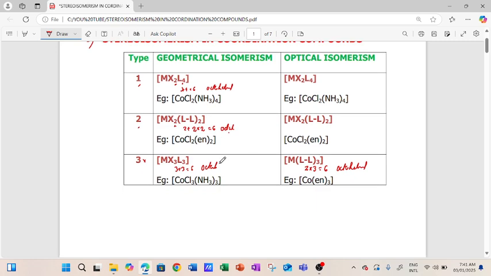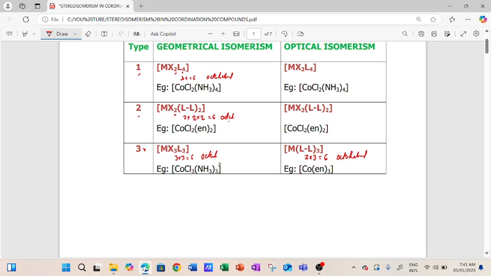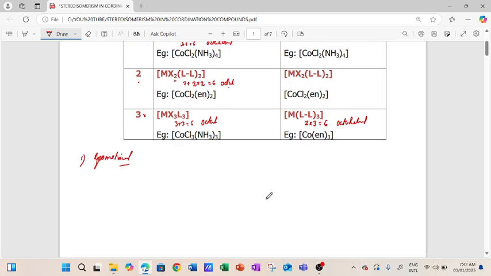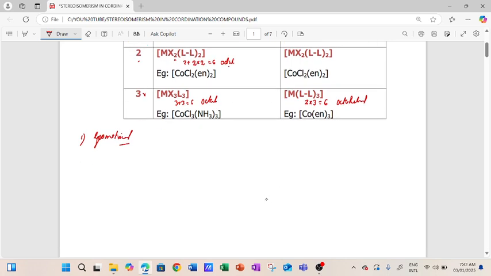So let's start with the first type. In the first type, we'll discuss geometrical isomerism first. Here the example given is CoCl2(NH3)4. I'll show you how to draw the structure. As it is octahedral geometry, first you have to draw the skeletal structure, with cobalt at the center.